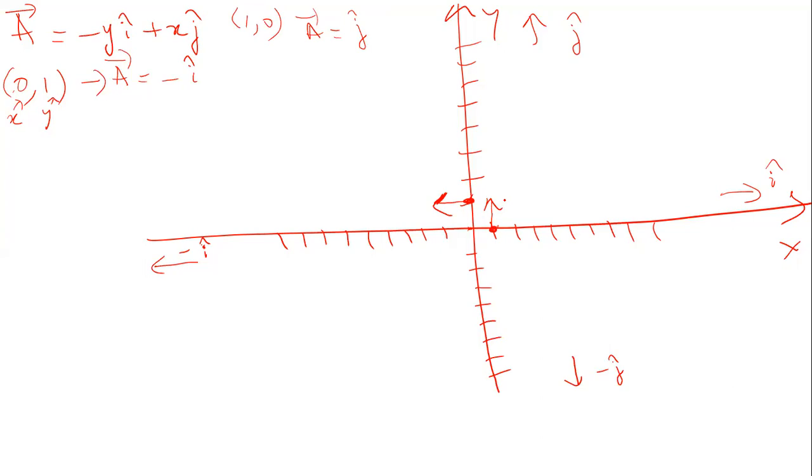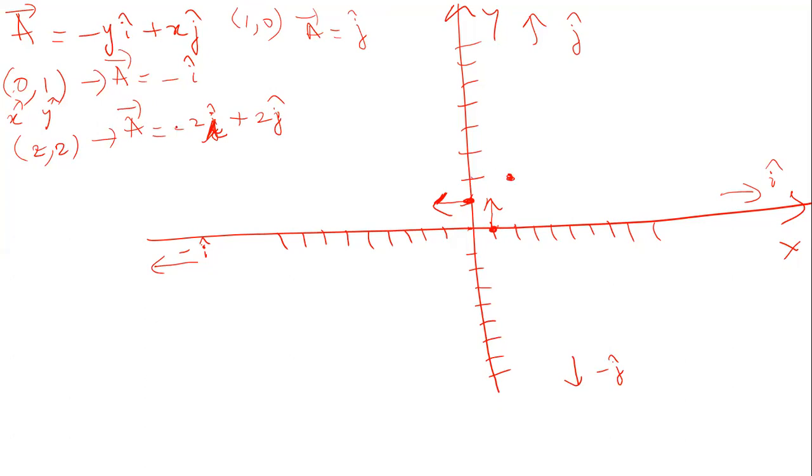And if you are talking about, let's say, the (2, 2) vector, at (2, 2) coordinates, A value will be minus of 2i plus of 2j. Y value is 2, x value is also 2. Now what is (2, 2)? X coordinate 2, y coordinate 2, so the point (2, 2) is somewhere here.